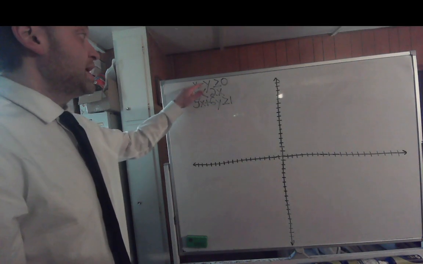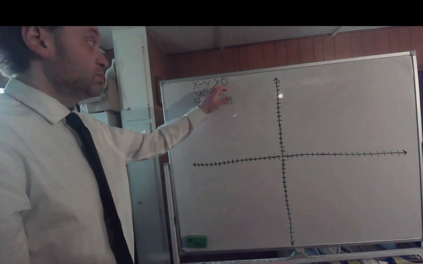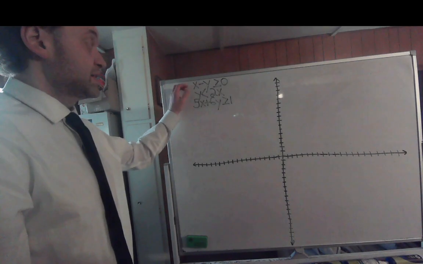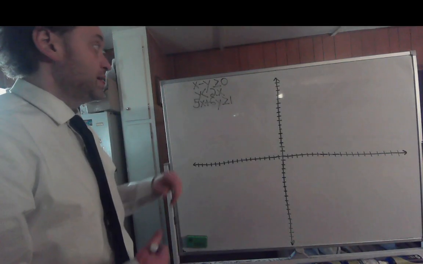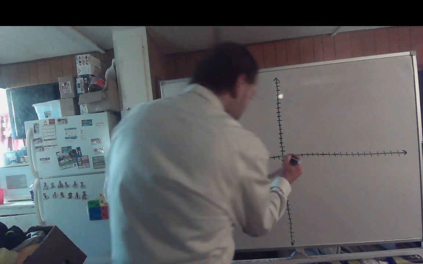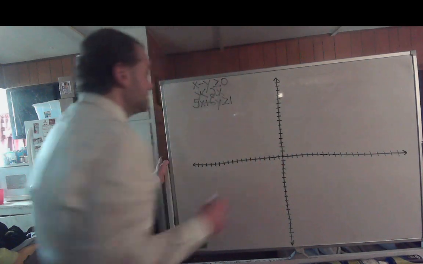So let's start with x minus y is greater than or equal to 0. Since you have the equal to component, it's going to be a solid line through x minus y equals 0, since that will be part of your solution set. So I think it's obvious the point 0, 0 would be part of the line. So we can draw a solid dot at 0, 0.